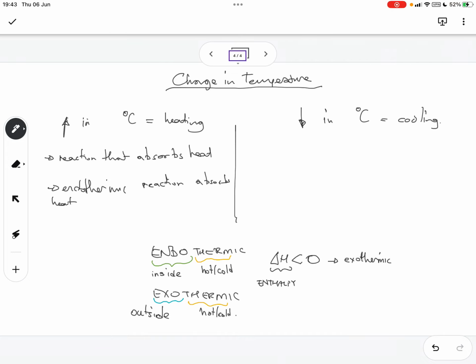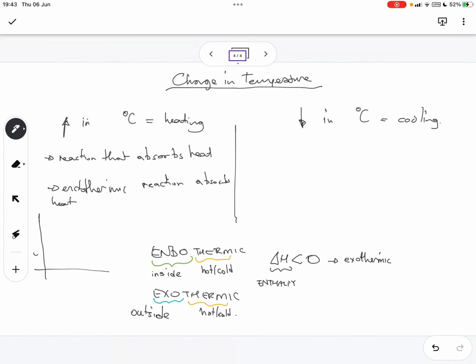In a different scenario, when the reactants are at a lower energy level and you introduce heat, that heat allows the reaction to progress. The reactants absorb heat to form the products, so the products are formed at a higher energy state.